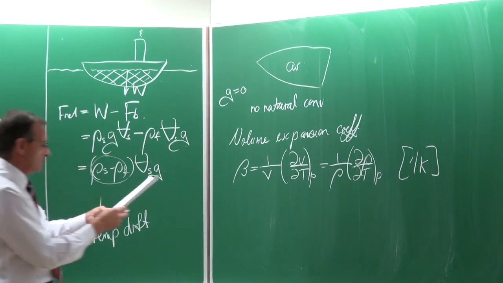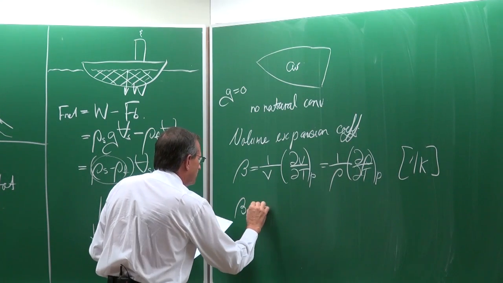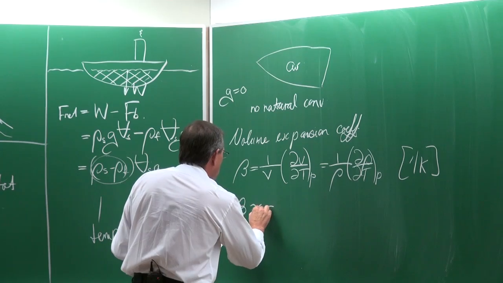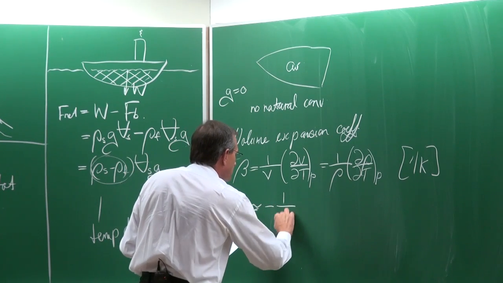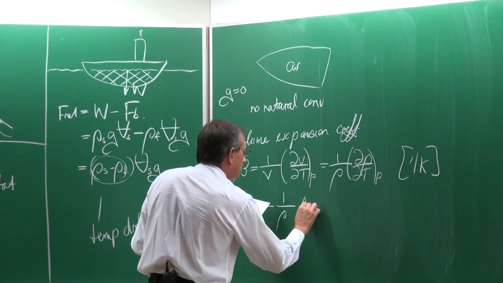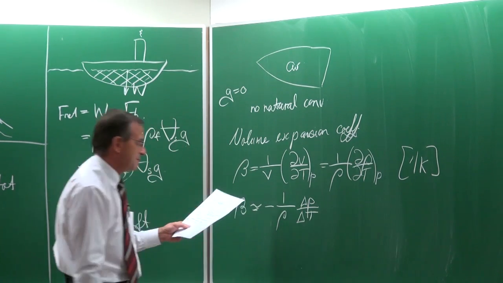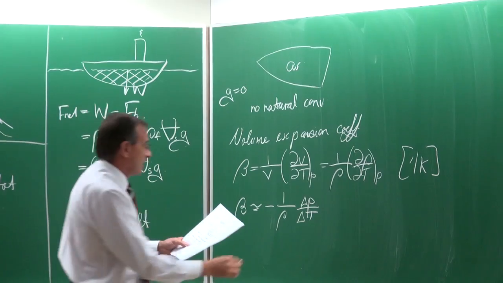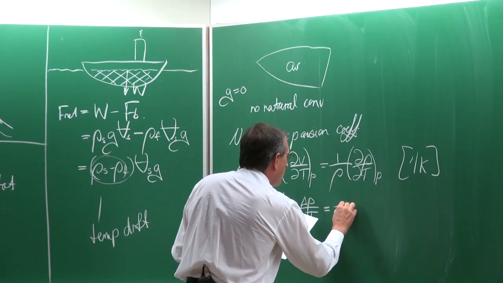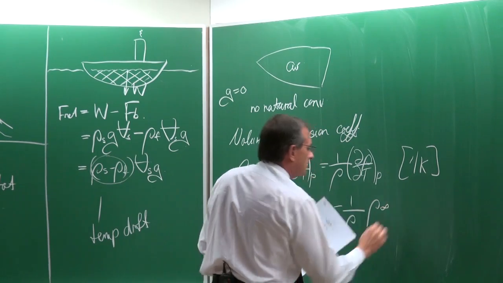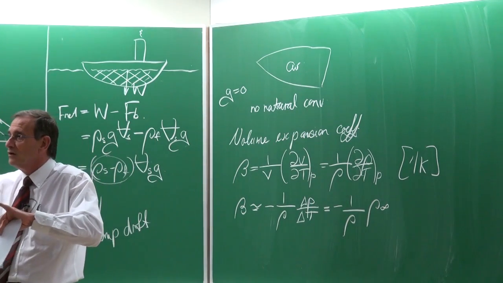And if you do that, you can actually show that beta is approximately equal to minus 1 divided by the density multiplied by the change in density divided by the change in temperature. And that is equal to minus 1 divided by rho infinite, what is rho infinite?